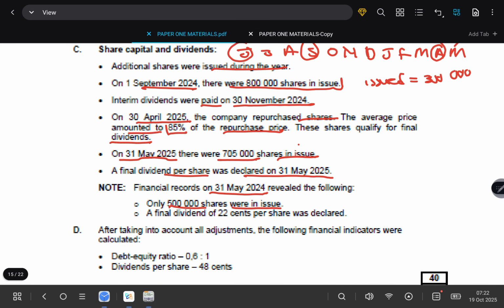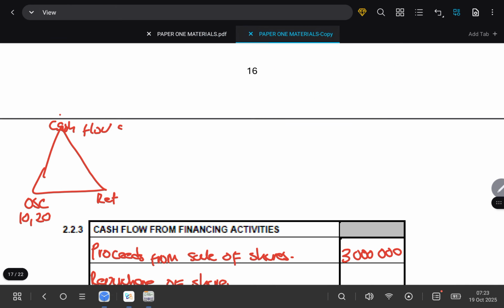So let's get information that can help us to get those other things. Here they said that the average price amounted to 85% of the repurchase price. So it means that the repurchase price is actually 15% more than the average price. We need to look for that 15%, so that it can give us the amount that we would have to borrow from the retained income.